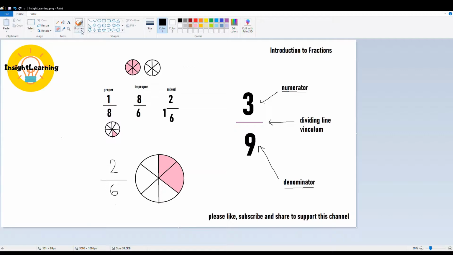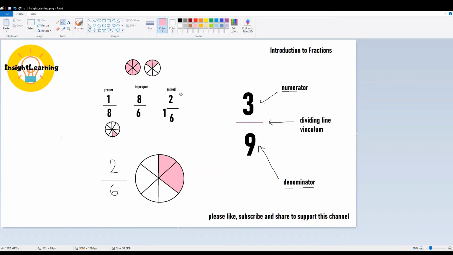So we've already shaded 1, 2, 3, 4, 5, 6. As we need to shade 8, we need to shade 2 more to make 8. So that's an improper fraction. This can also be represented as a mixed number, which brings us to our next type.